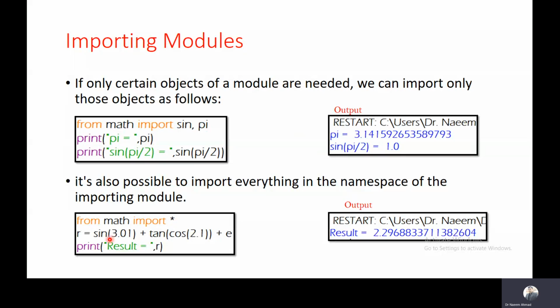So if I want to use sin, tan, cos, all these functions of this module, I will use from math import star. Whatever objects this math module has, I will be able to use in my program. So in this program, I have the statement r is equal to sin 3.01 plus 10 cos of 2.1 plus e, and it will give this result.